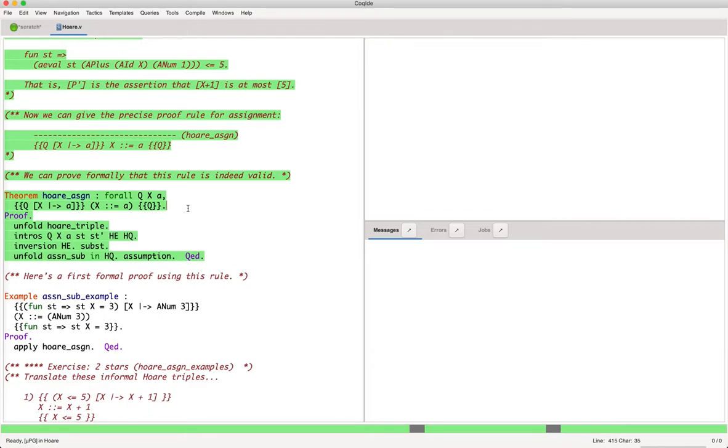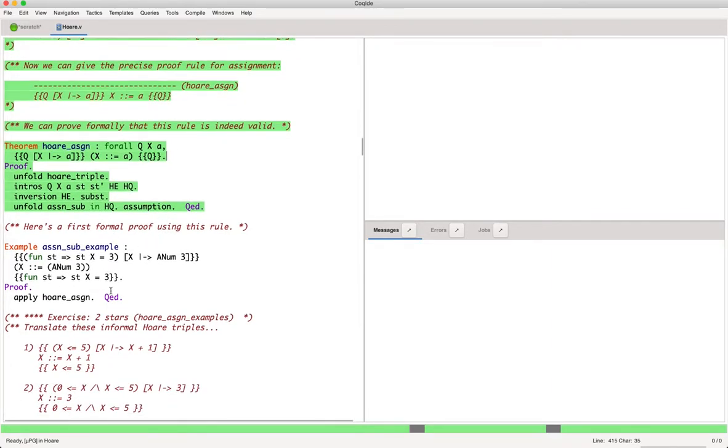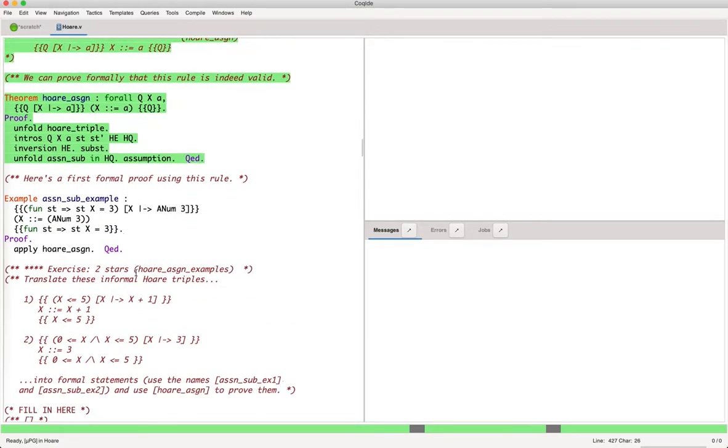So this is a very powerful proof rule. And in order to use these proof rules in our proofs, we want to make sure they're actually valid proof rules. Otherwise, we're going to conclude things that aren't actually true. Okay, so this is just a very simple use of that rule to reason about assignment of X to 3. It's a very interesting proof.